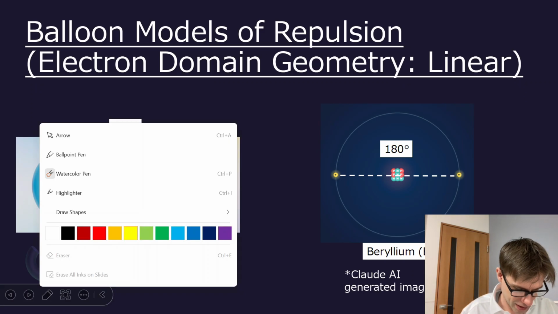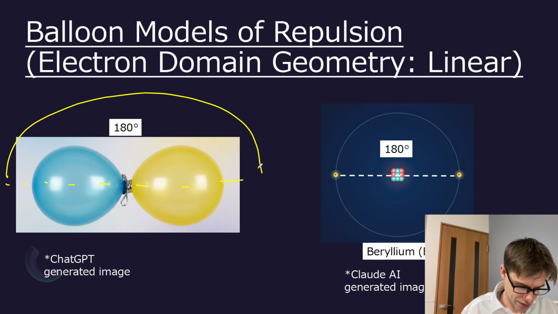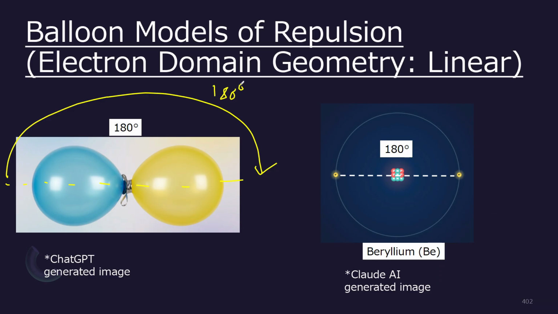A little bit of mathematics coming into this, but we have the straight line here, right? It's a 180-degree angle. A full circle is 360, right? So this is a half circle between the centers of these balloons. And you can see that represented in an atom on the right here. If it's got two electrons that are able to bond, maybe something like beryllium, we've drawn the Lewis structure before.